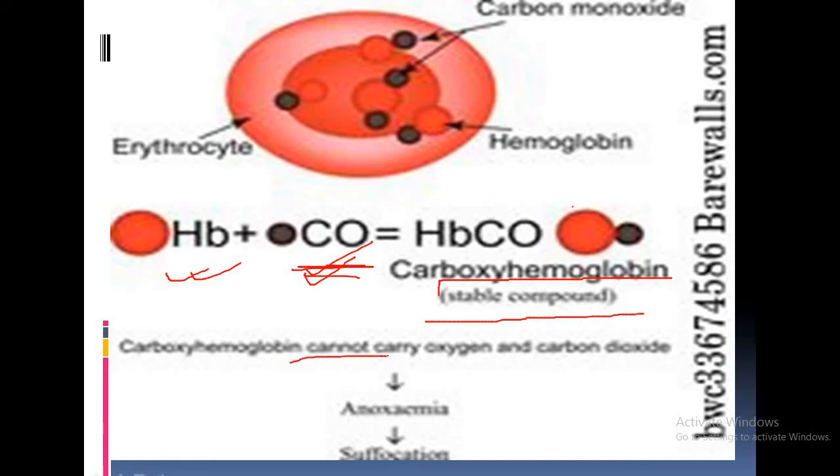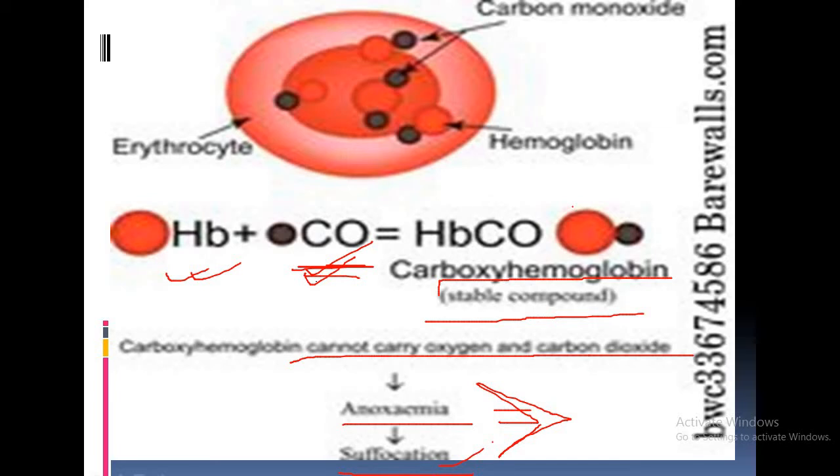So carboxyhemoglobin cannot carry oxygen and carbon dioxide, which will result in anoxia, and then suffocation. In major cases, in the case of fires, people die because of the suffocation created by carbon monoxide poisoning.